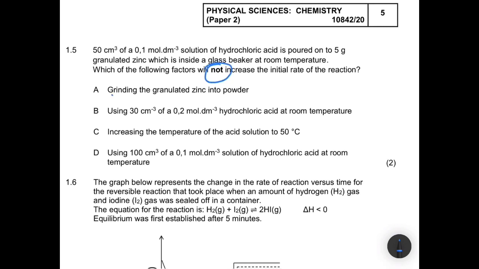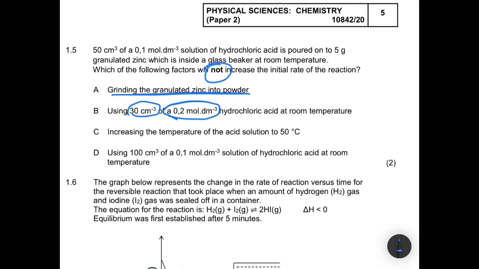If you grind the zinc into powder, that will obviously increase the rate of the reaction because you're increasing the surface area. And then using 30 cm³ of 0.2 mol/dm³ of hydrochloric acid. So let's see how that affects the rate of the reaction.